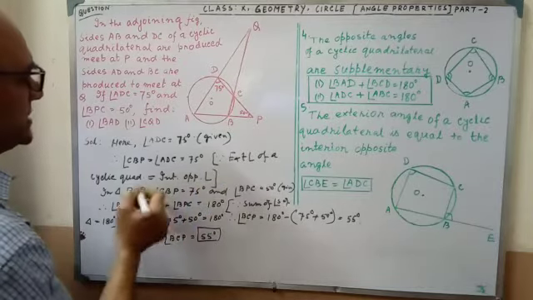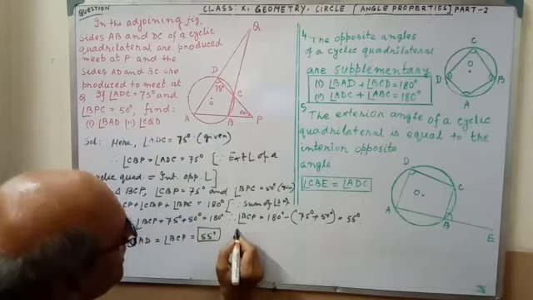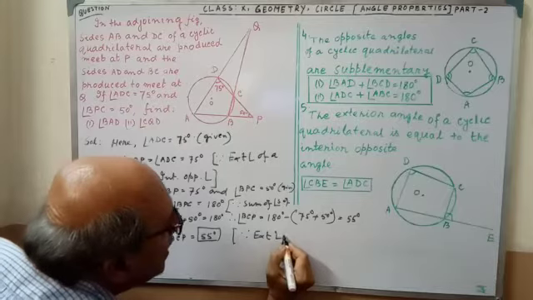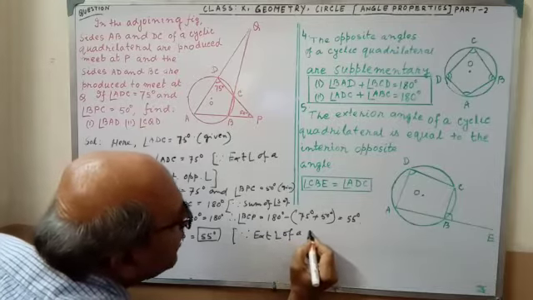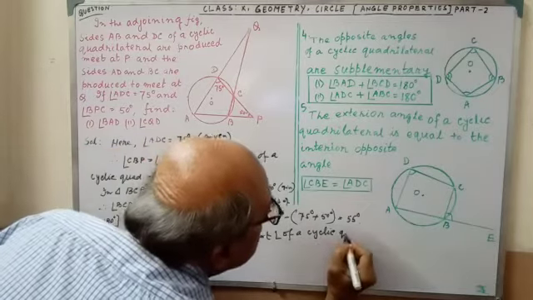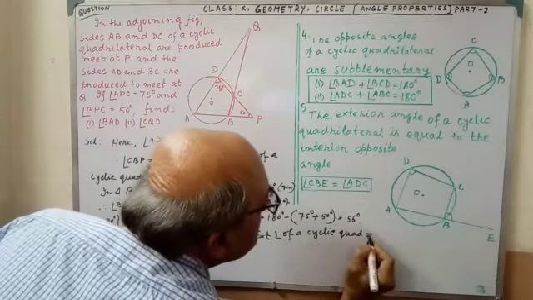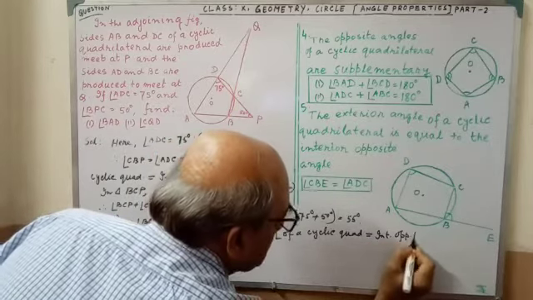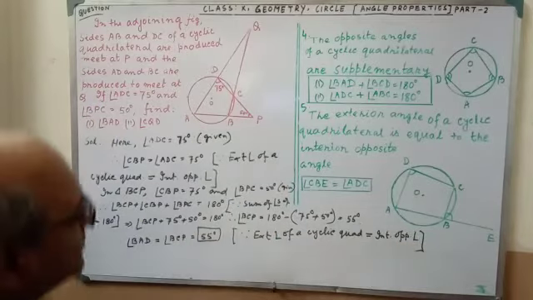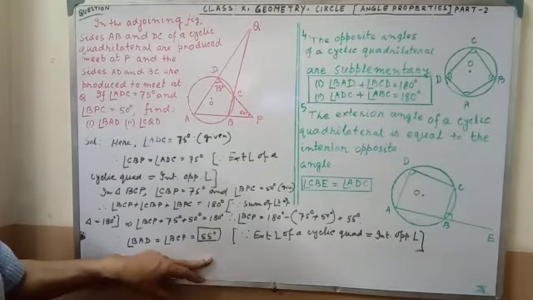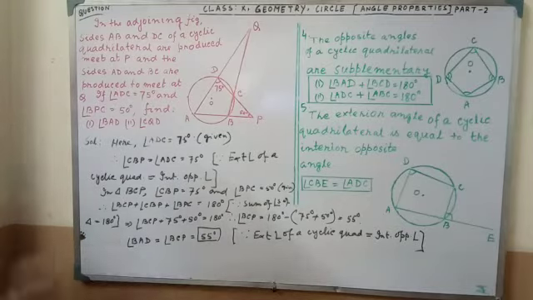You have written the reason one time, again you have to write: since the exterior angle of a cyclic quadrilateral is equal to the interior opposite angle. This reason you have to write. This is the first part. Up to this, the first part, then you have to do the second part. I think it is clear.